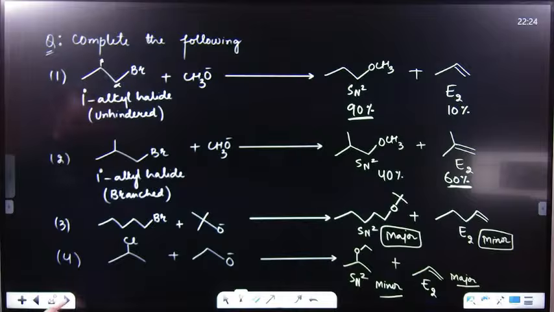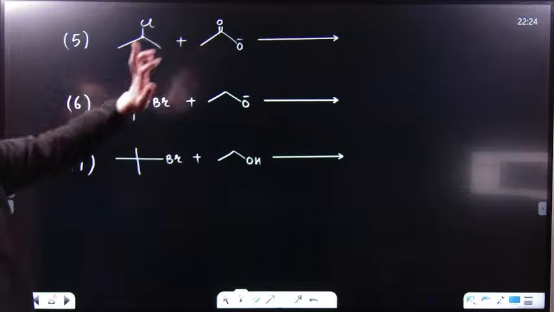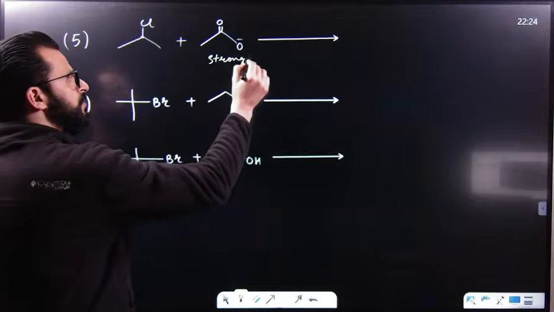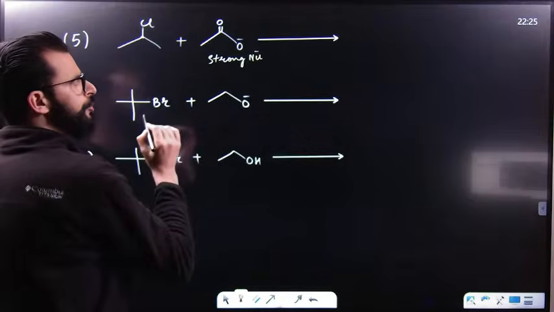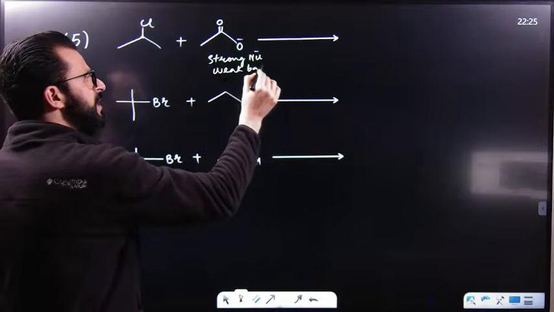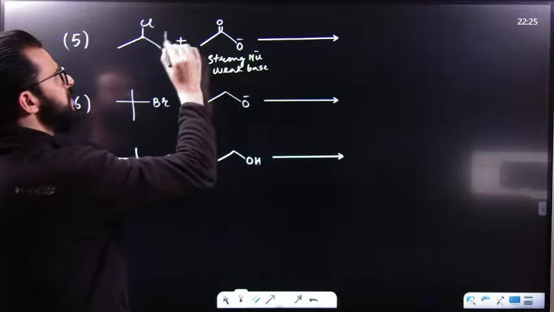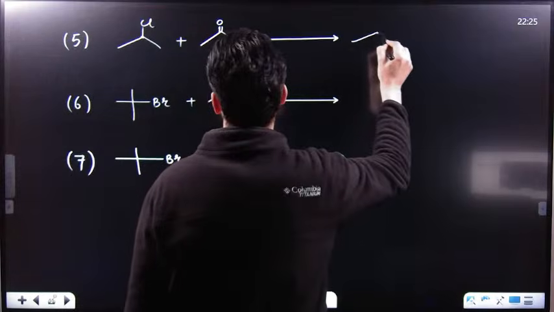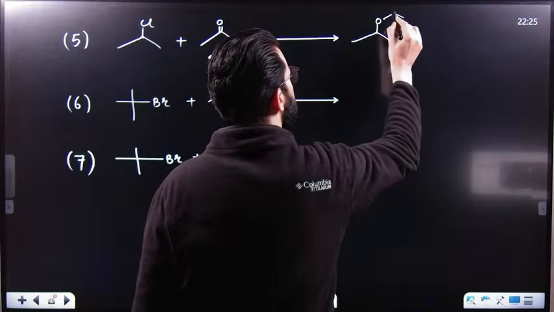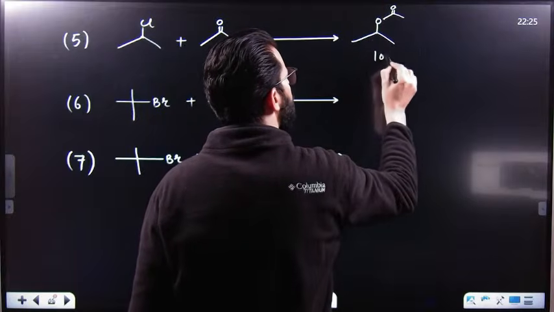So have a look. Now this is a strong nucleophile. Negatively charged acetate ion is a stronger nucleophile, but it's a weak base. As it is a weak base, it will favor the SN2 reaction. It will not favor E2 because it's not a good base. So this will be the product and that too will be 100%.